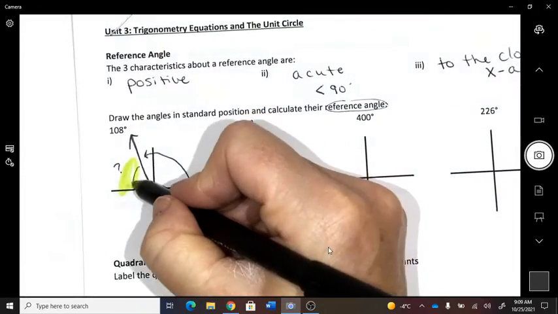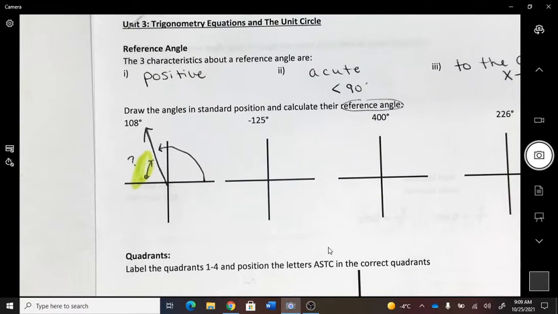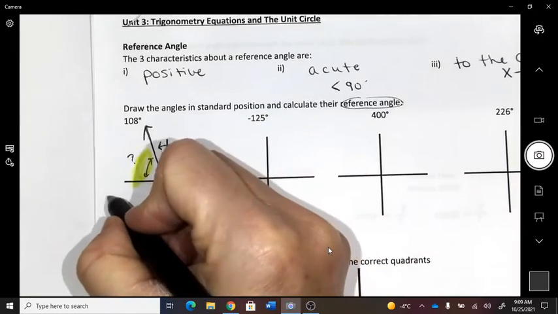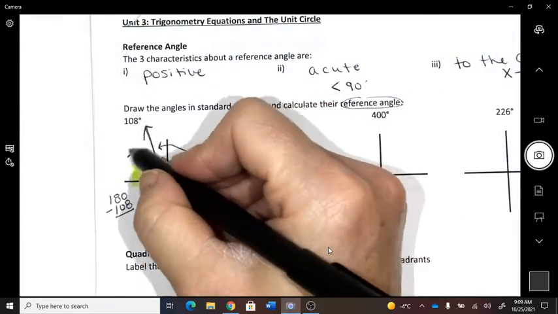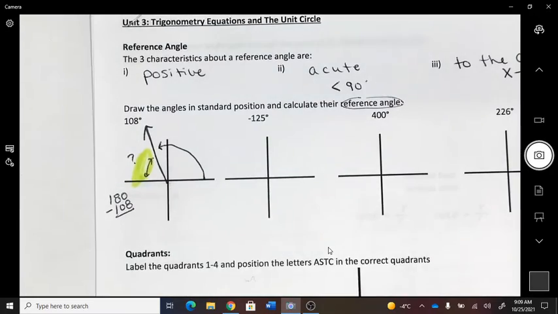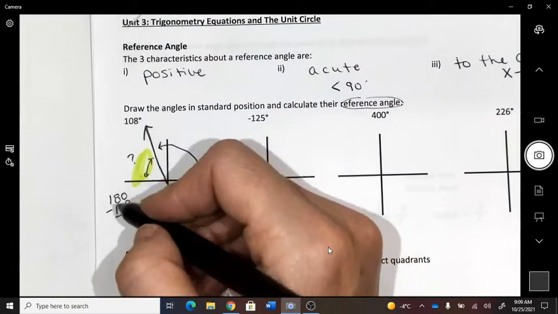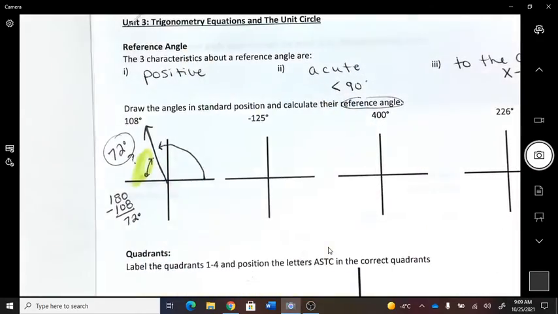How far am I away from the closest x-axis? What could I do mathematically to figure that out? Does anybody have a good idea? 180 minus that angle. Because this whole distance is 180, subtract this, leaves me with that chunk. So that's a 72.